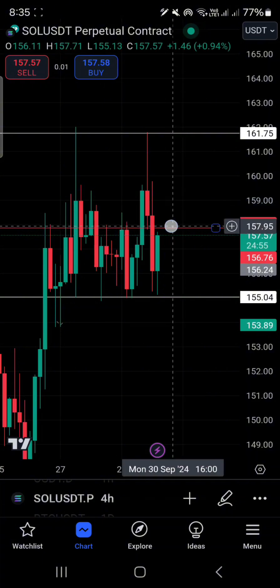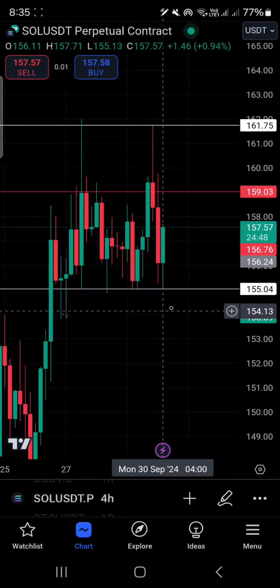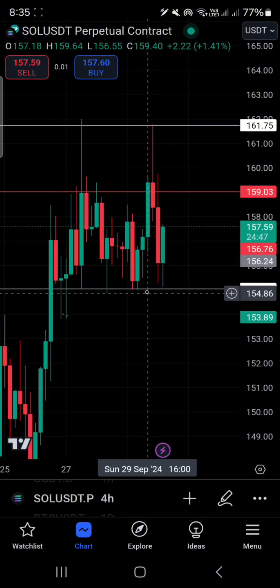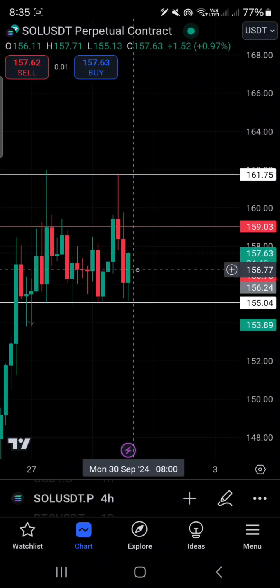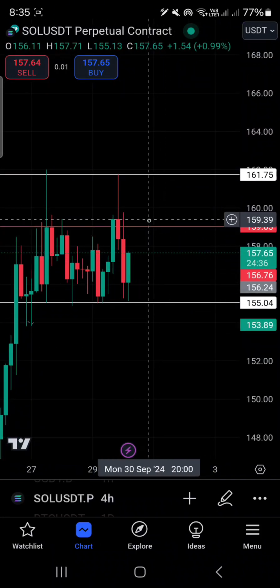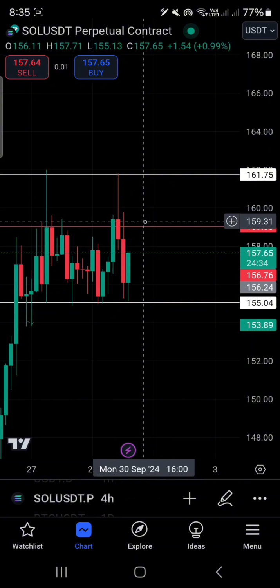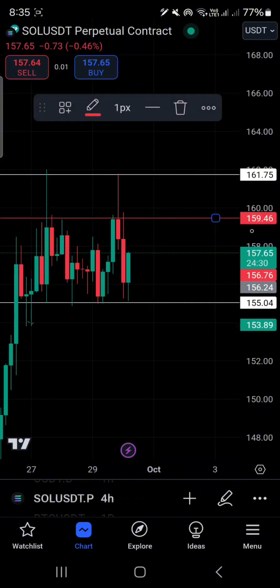Now here, you can see this resistance, and the previous day low support is very perfect. I can assure you that the only time we can conclude that yes, we are now on an uptrend is when we close above this price, 159.46.